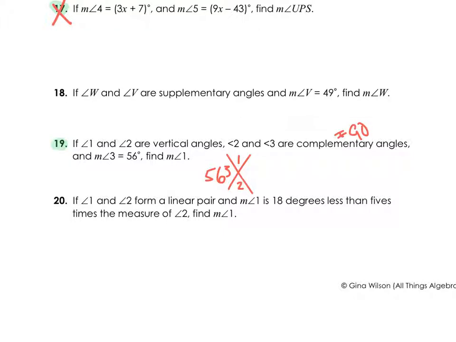Okay? They want to know what's angle 1. Well, if 2 and 3, so just think. Angle 2 plus angle 3, which is 56, equals 90. Solve for this missing angle right here. Pretend that's a value of x. Call it x. Solve for that. And then once you found 2, haven't you found 1 because they're vertical angles?